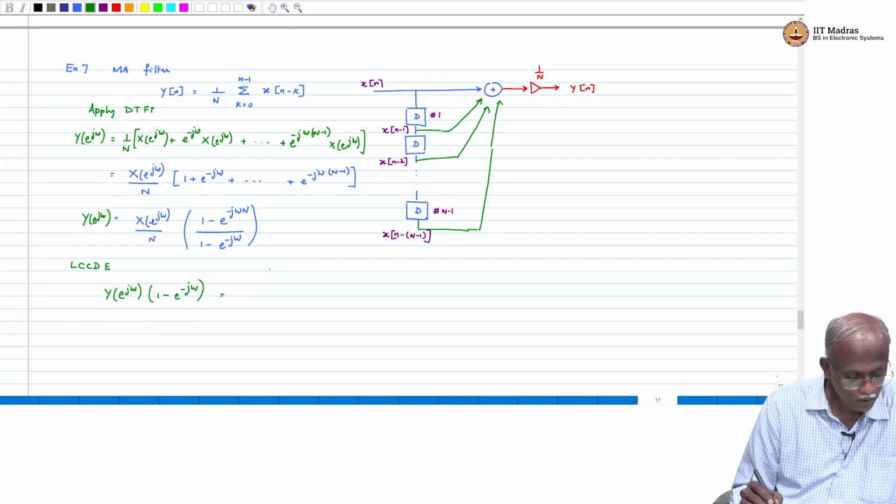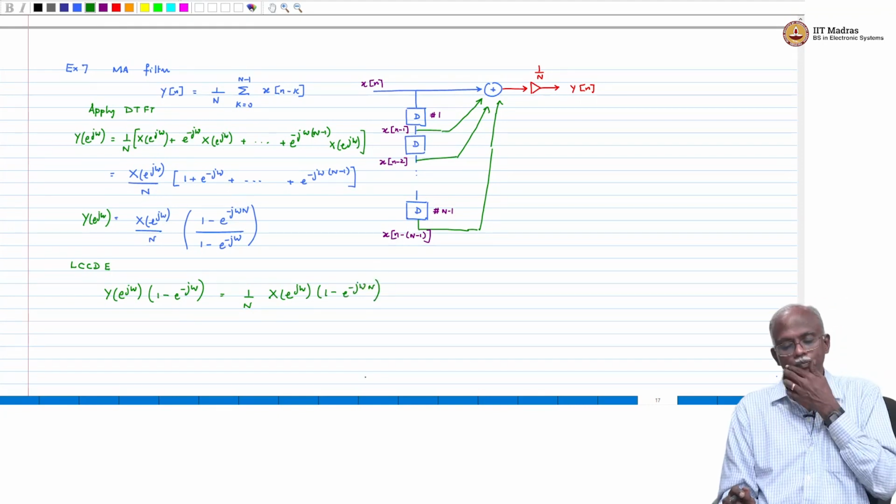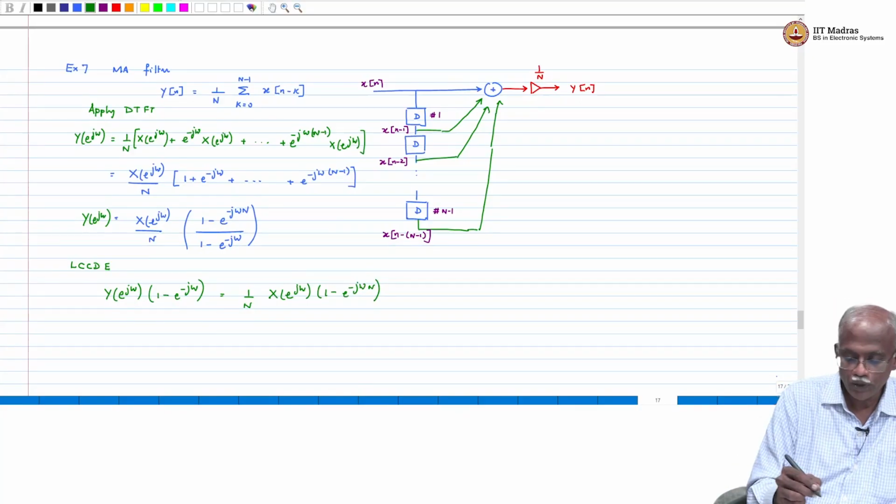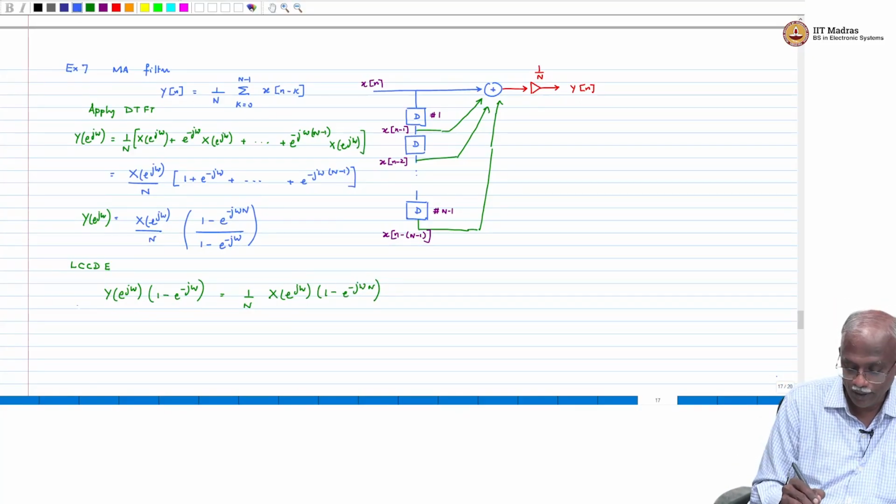This is equal to 1 over N X e power j omega times 1 minus e power minus j omega N. Okay. So, this is still not in the time domain. So, take the inverse DTFT.